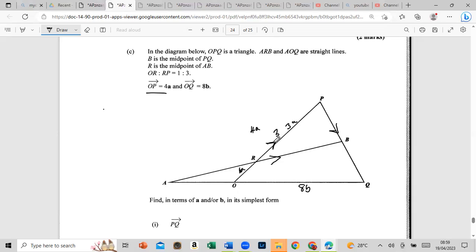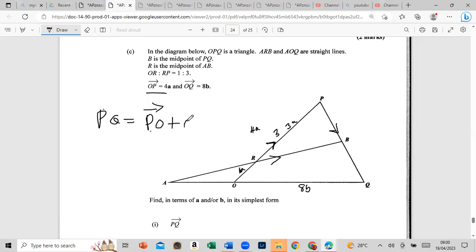They say OP is 4A. And they say find PQ. Now for PQ, we don't go directly, as we have discussed. We're going to go PO plus OQ. So this is the rule that we're taking: PO plus OQ.